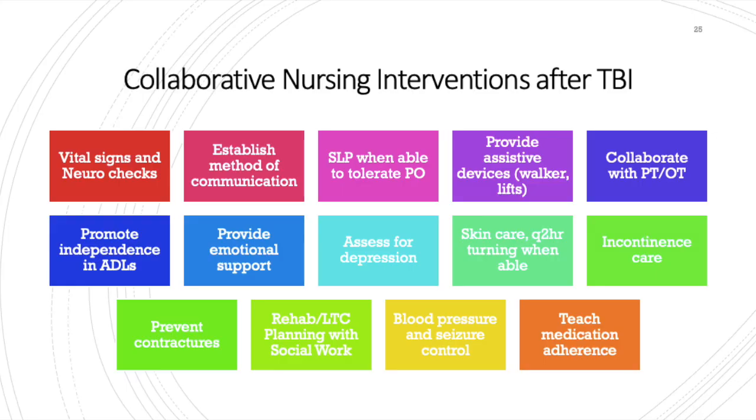So our nursing interventions: your vital signs and your neuro checks are always your priority, right? Your ABCs. It's also important to be able to communicate with this patient, which may not always be easy depending on the level and severity of neurologic injury. When the patient is able to finally tolerate physical activity and by mouth or PO intake, we can get that speech therapist in there. We can get physical therapy and occupational therapy at the bedside to help this patient regain some level of function.